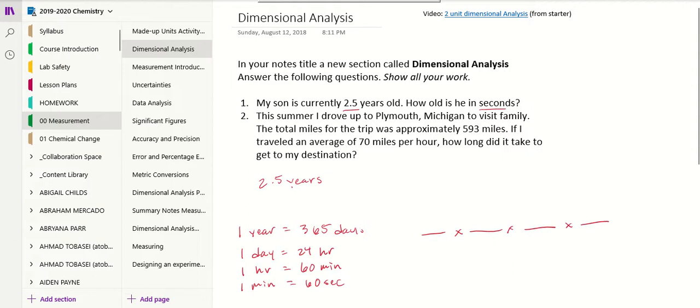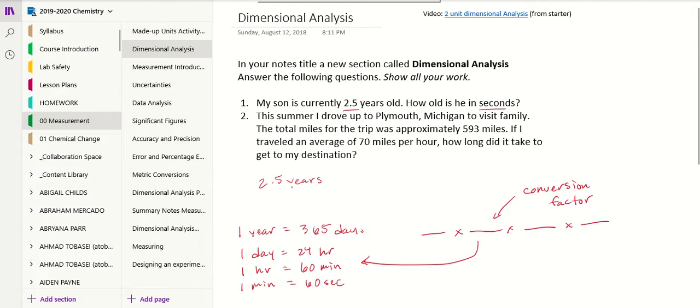Each fraction represents what? It represents a conversion factor. Every single one of these is a conversion factor.